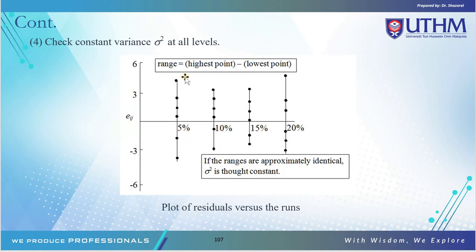We can see the range here, which is the highest value of the residual and the lowest value of the residual. The ranges are approximately equal. So if the ranges are approximately identical, we can conclude that the variance is constant.